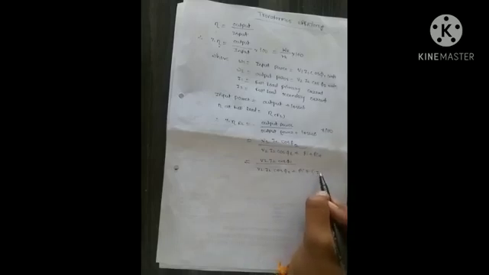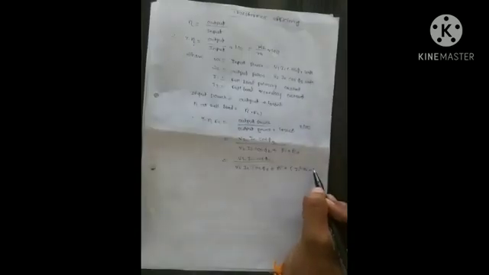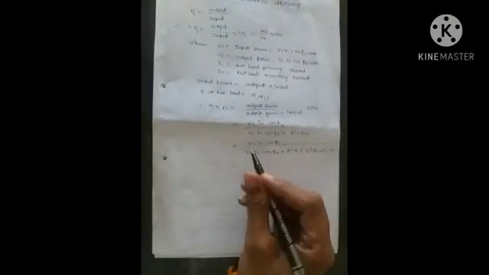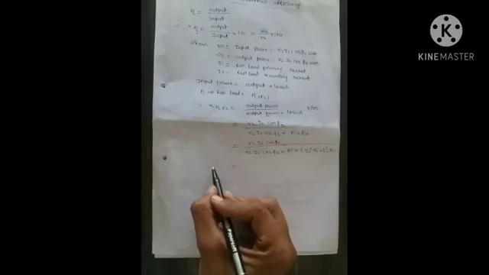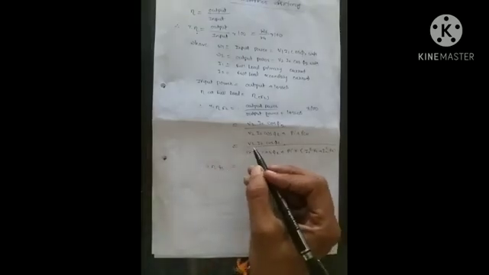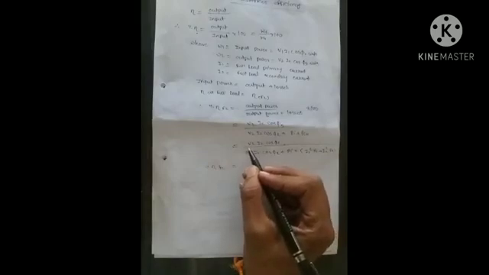Therefore, it becomes I1 square R1 plus I2 square R2. After that, percent efficiency at full load equals the full load efficiency of transformer using the equivalent resistance concept.